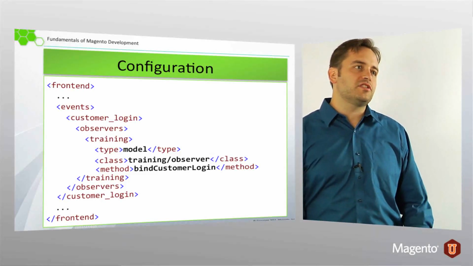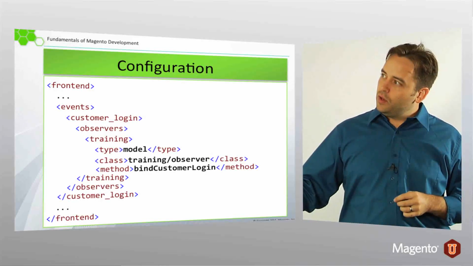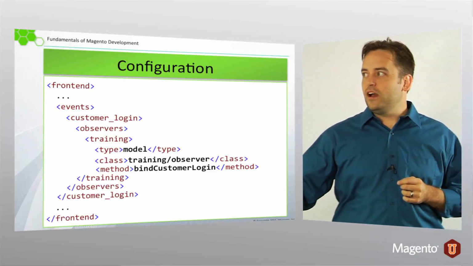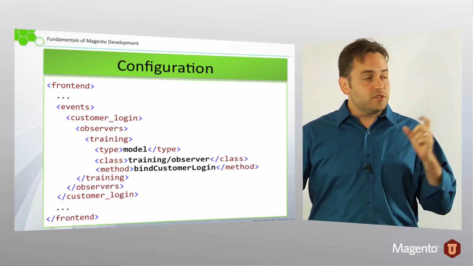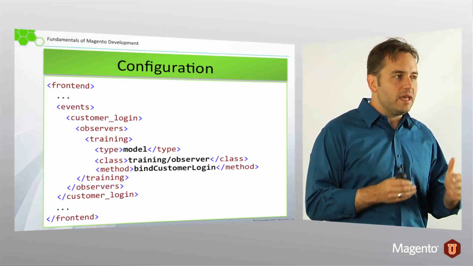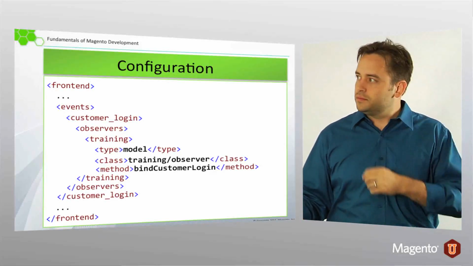Basically, you could consider that every event fired in the system could be specified as a node under events, and then inside each of those nodes, you would have an observers node. The reason we have the plural here is because there could be many different observers attached to any given event.